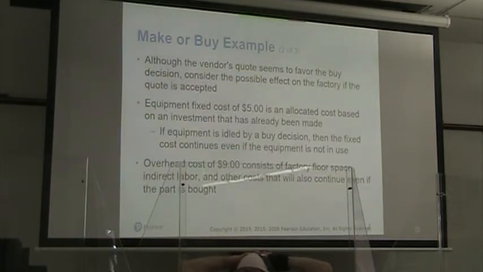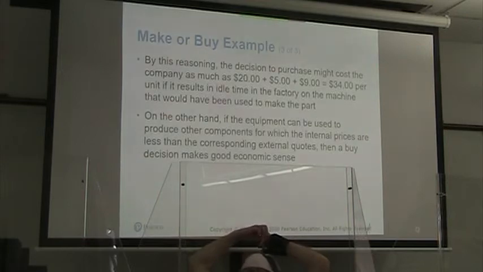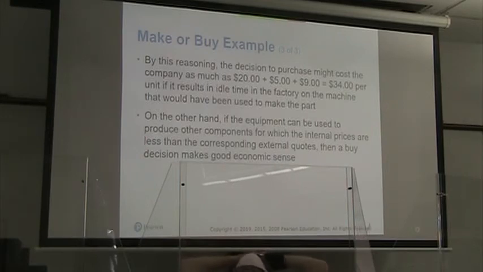In this case, they're saying that's the factory floor space, the indirect labor, and other costs that are going to continue even if the part is bought, which means that when we add the $5 plus the $9 to our $20 cost per unit when we buy 100 units, then the real cost becomes $34 per unit.